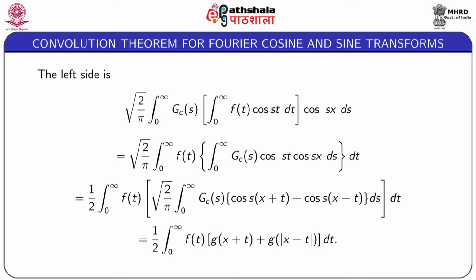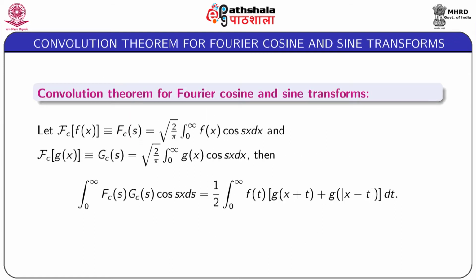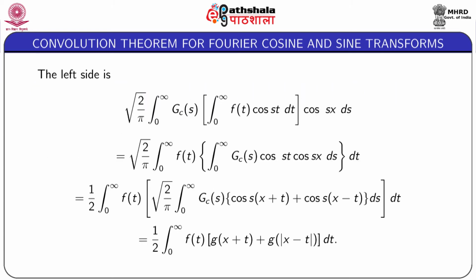Now, we can see that the left hand side of this relation, if we write capital FCS and capital GCS, becomes root over 2 by pi integral 0 to infinity GCS into integral 0 to infinity f(t) cos st dt into cos sx ds.